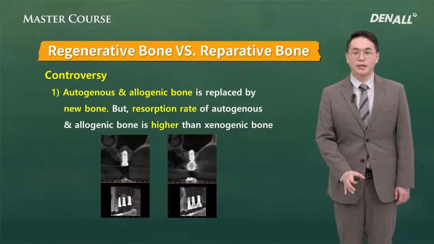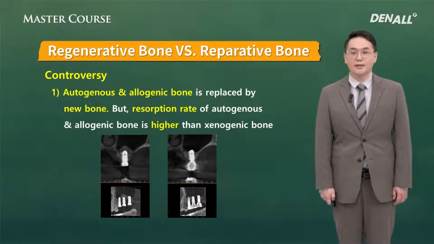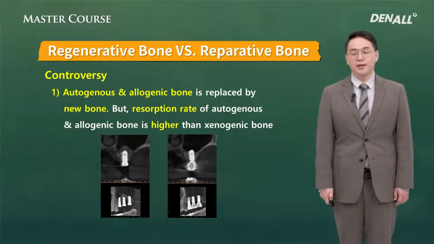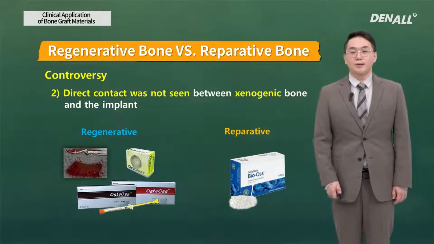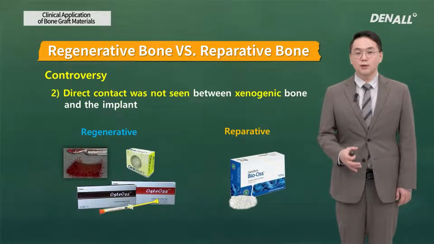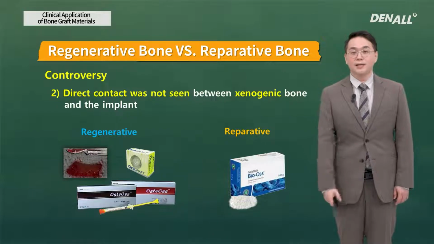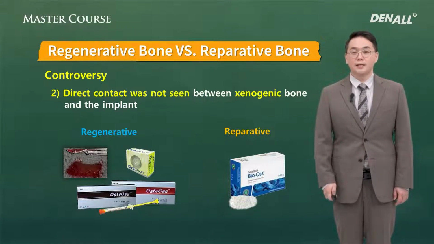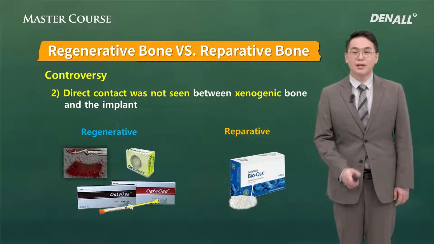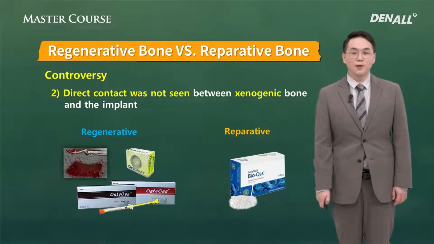It depends on whether cortical or cancellous bone is used. The resorption rate is very high. However, if you use a xenograft, it is not resorbed, but an exposed implant can be covered with a GBR, but direct osseointegration between the graft material and implant cannot be expected.